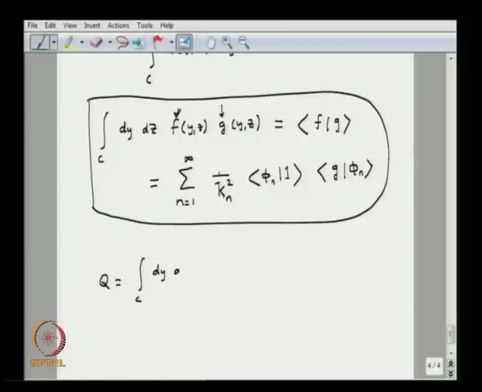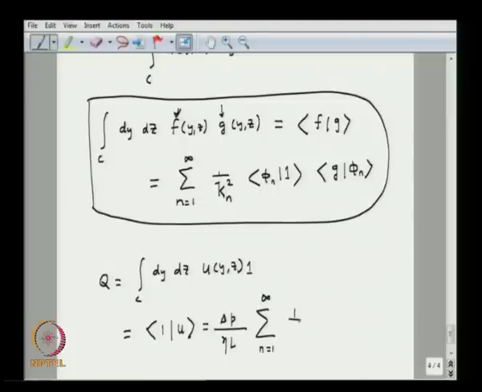the integral of dy dz into u(y, z) into 1, okay, that is the g, which will be equal to the bracket of 1 into u, which can be written as delta P divided by eta L into summation n equal to 1 to infinity, 1 over the eigenvalues k n square into the bracket of phi n, 1 into the bracket of 1, phi n.